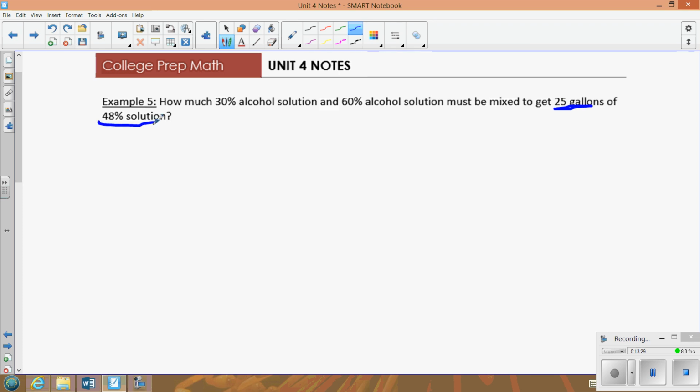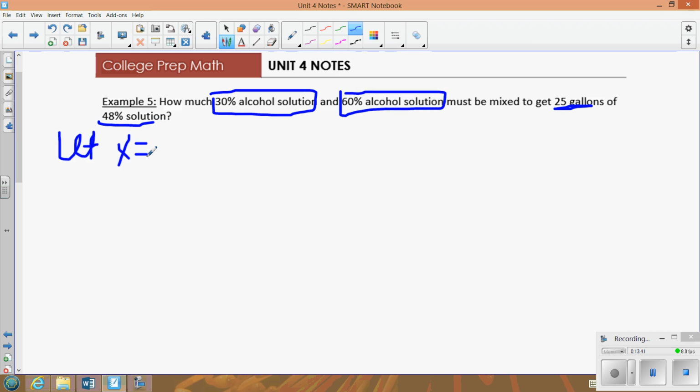So what I need to do is I have 2 different types here. I have a 30% solution and a 60% solution. So I'm going to let X equal the amount of 30%. And since I'm talking about gallons, I'm going to say X will equal the gallons of 30% solution. So the number of gallons of 30% solution.